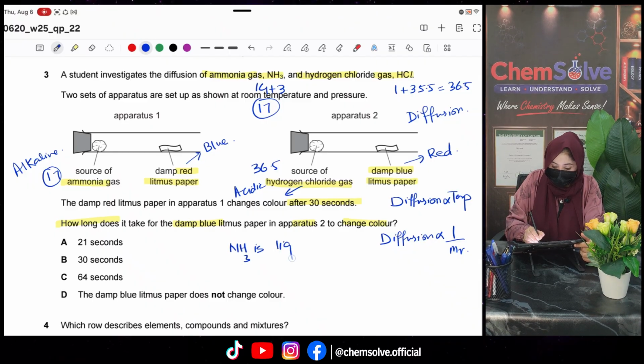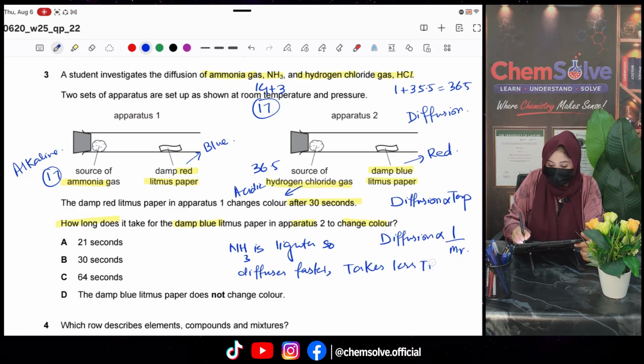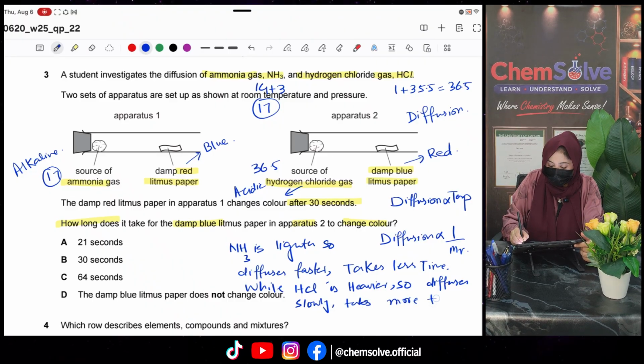NH3 is lighter, so it diffuses faster and takes less time. While HCl is heavier, so it diffuses slowly and takes more time.